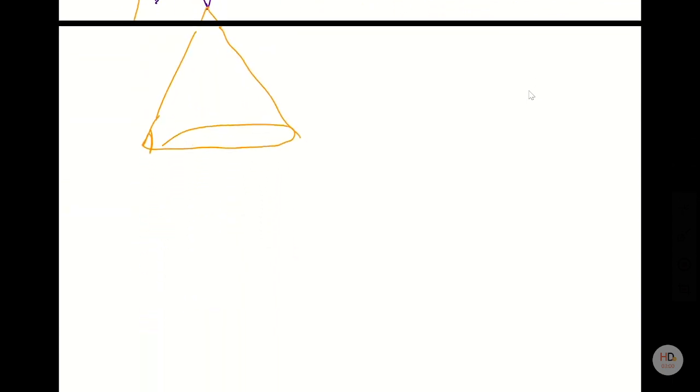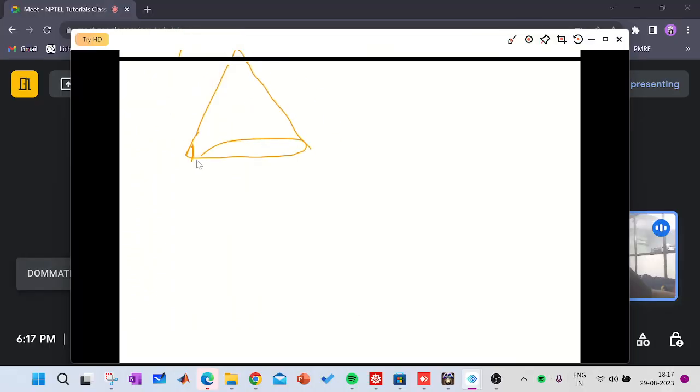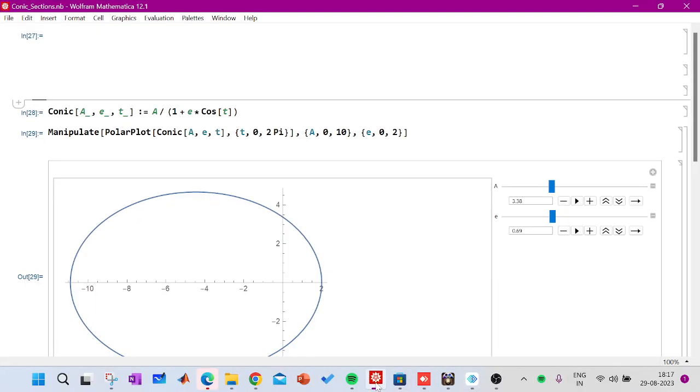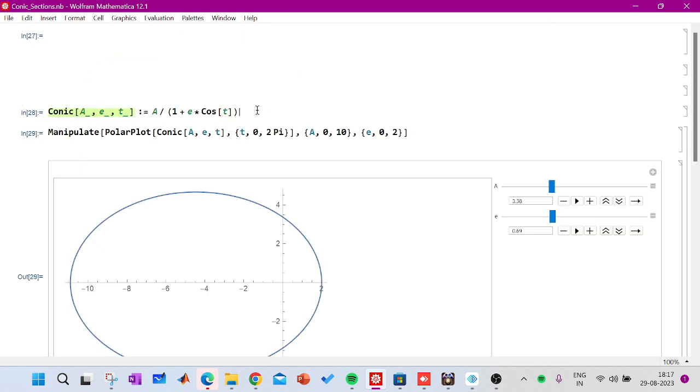Okay, so this was kind of a brief recap, and we can do that in Mathematica also. I'm sure some of you have already tried. I also did. So this is a simple two-line code that I wrote.